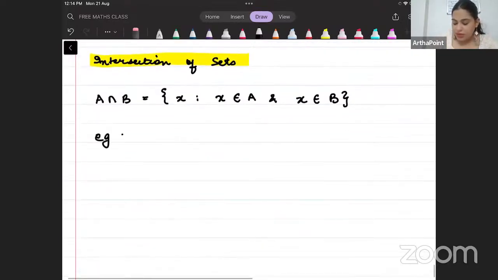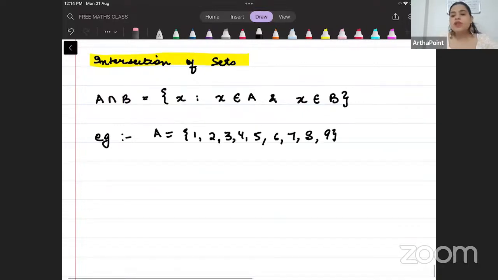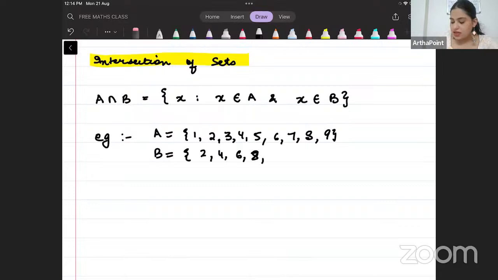Let's take an example. Let's say that I have A, and this A is 1, 2, 3, 4, 5, 6, 7, 8, and 9. ठीक है. And I have B, and B are just even numbers, 2, 4, 6, 8, and 10.